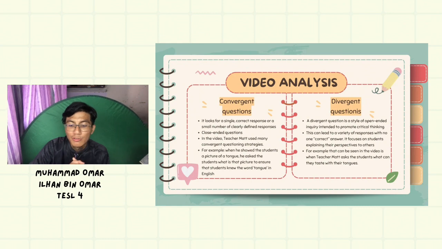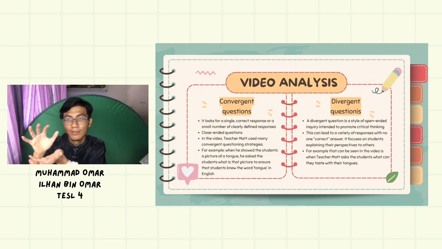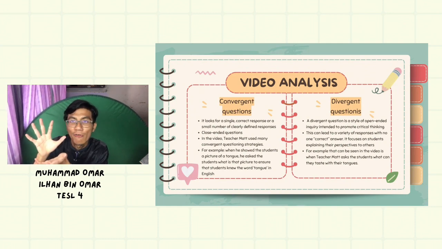In the video, teacher Matt used many convergent questioning strategies. For example, when he shows the students a picture of a tongue, he asks the students, "What is this?" And the students will say, "This is a tongue." This is a form of convergent questioning because there is only one correct answer.